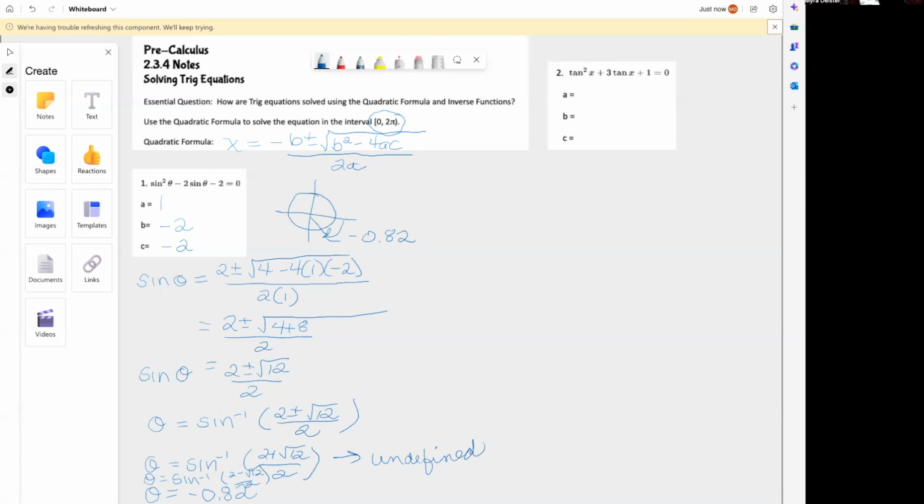Okay, so 5.46 and negative 0.82 are coterminal angles.